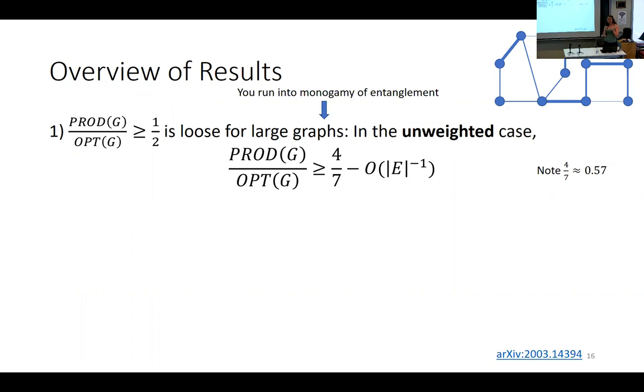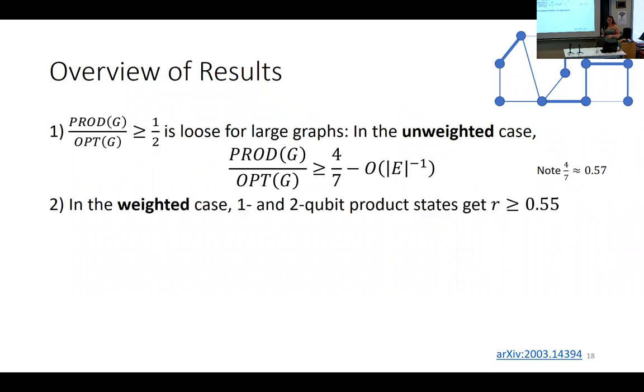Basically, if you have more and more connected graphs, you can't leverage your entanglement very well. And so product states are doing relatively better on larger graphs. We were able to show that the best product state always gets at least 4/7 of the optimal value minus this thing that goes with the size of the graph. Okay, so that's what that is.